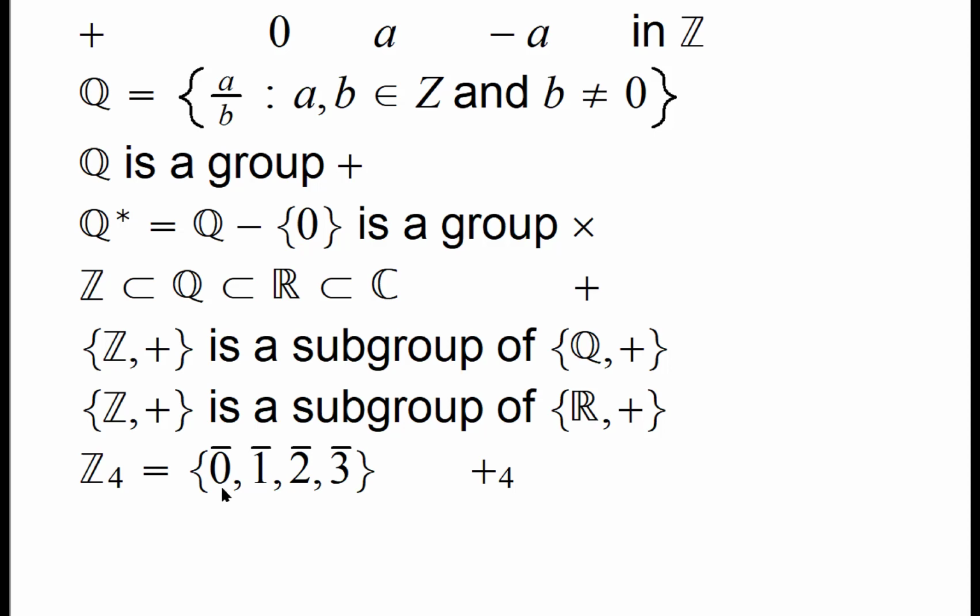And in this, how the addition was defined, if you recall, if we add, say, 1 with 2, we simply get a 3. We will leave that at 3 because 3 is smaller than 4, right?